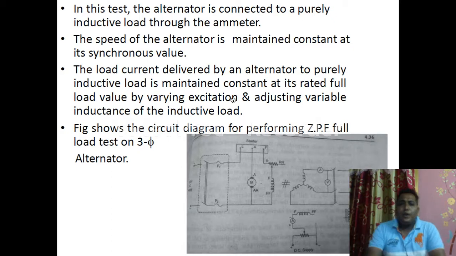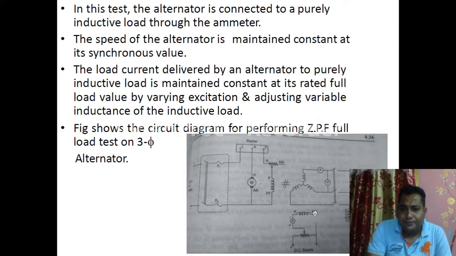So as we can see over there, just follow my pointer. It is the whole diagram for this zero power factor method. This is the field of the alternator. It is excited by a DC source through a rheostat.